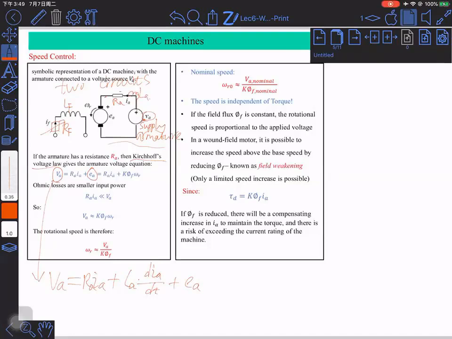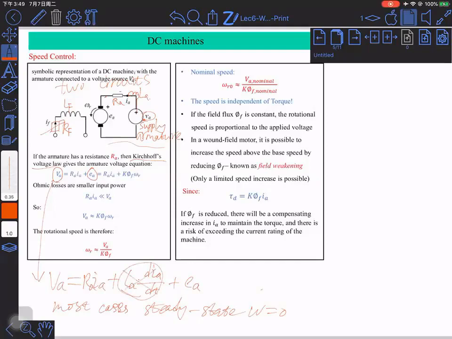But that inductance, in most cases, we ignore it, because we are not looking at the transient circuit. We are looking at the steady state circuit. And in steady state, it is DC, so omega equals 0, and the L has no impact.